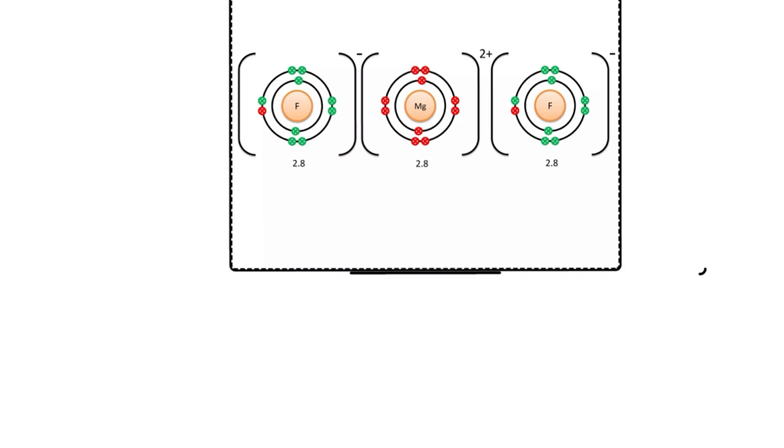So you should be able to, if I give you a metal and a non-metal, tell me which one gains electrons, which one loses electrons, how many electrons are involved, and what you would predict the chemical formula to be.